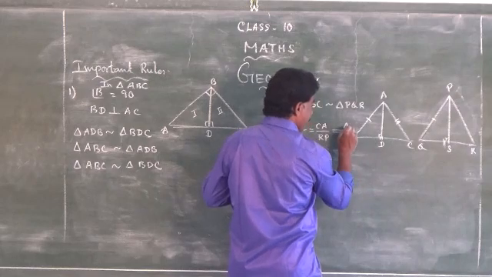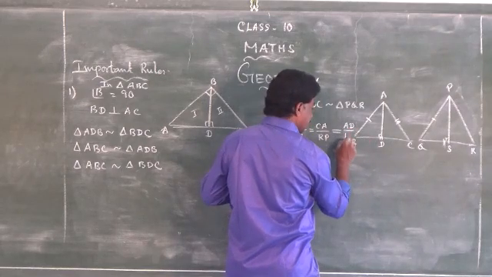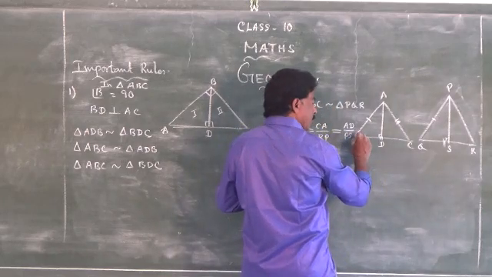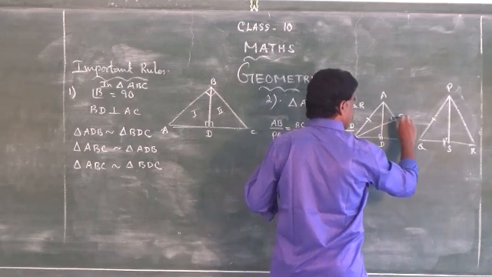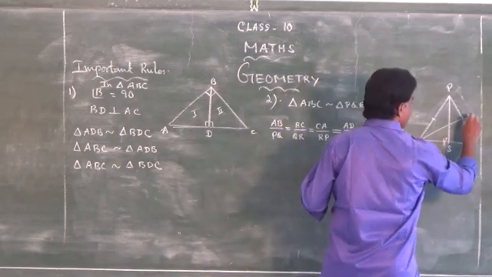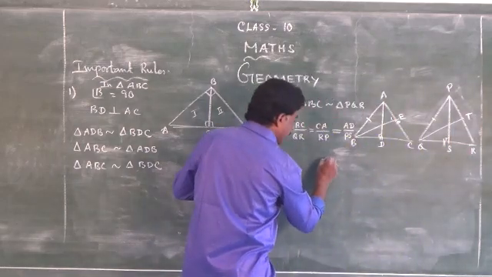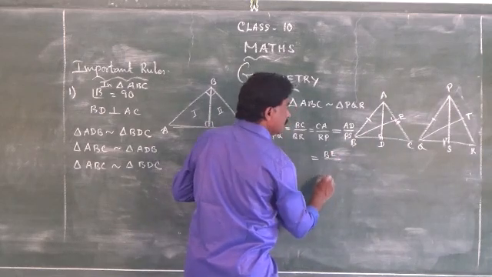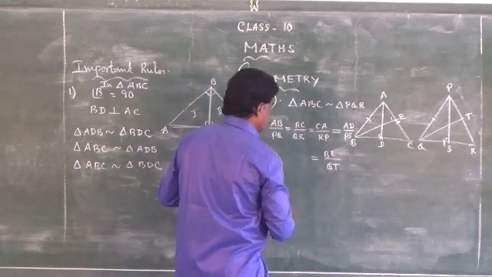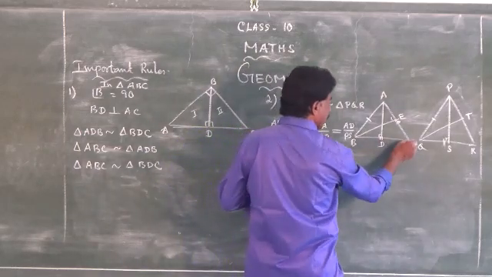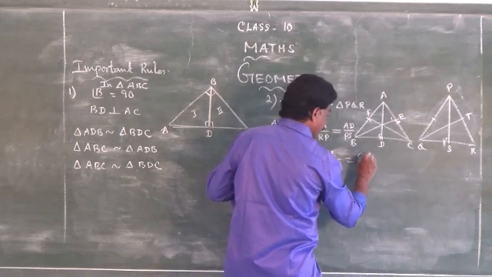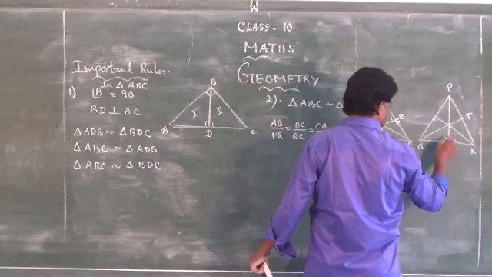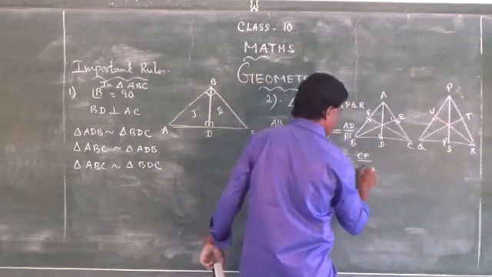AD by PS. If you take the altitude from B, that is BE, I am writing here: equal to BE by QT. That is equal to, if you draw from C, CF by RU.